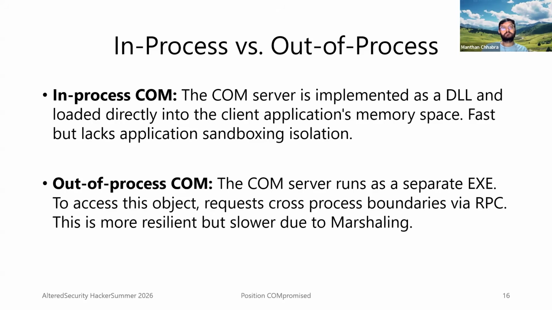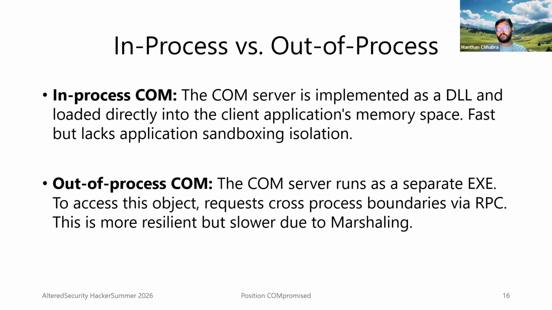And when the COM runtime activates it, that DLL gets mapped directly into the virtual memory address space of the client application itself. Now, the advantage over here is the raw performance. Since the client and the server are sharing the exact same memory space, calling the method is lightning fast. It essentially becomes a direct local function call via the vtable, or the virtual function table.